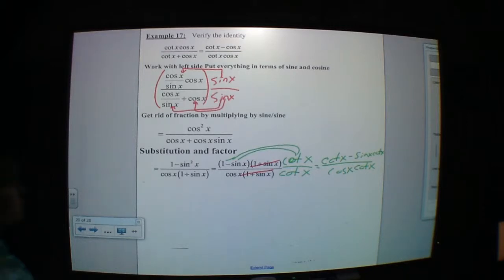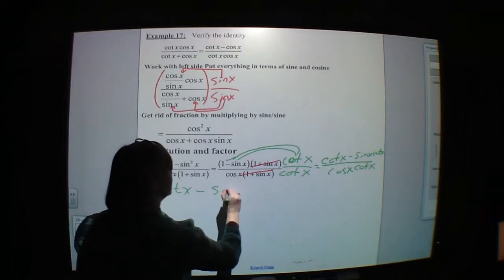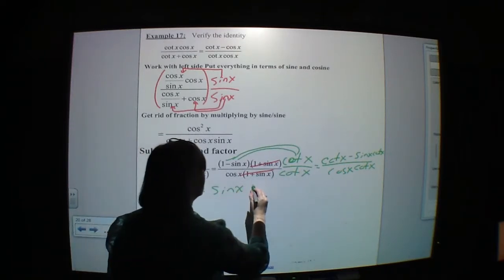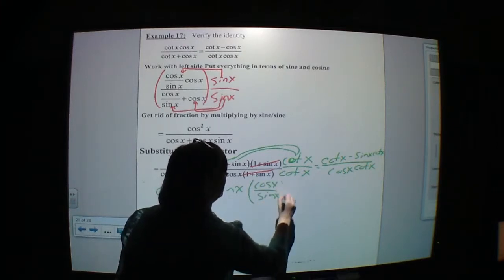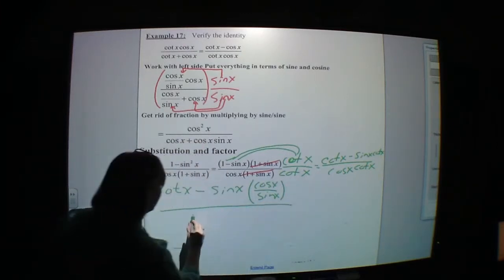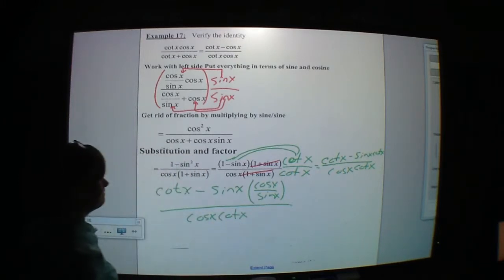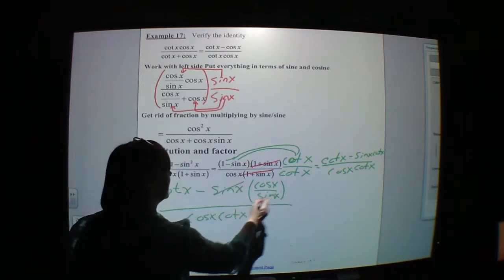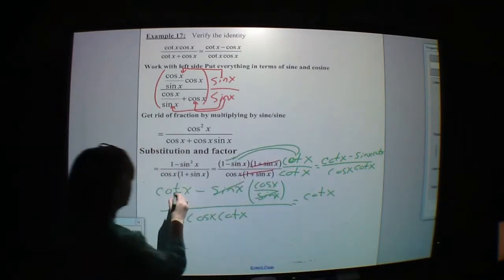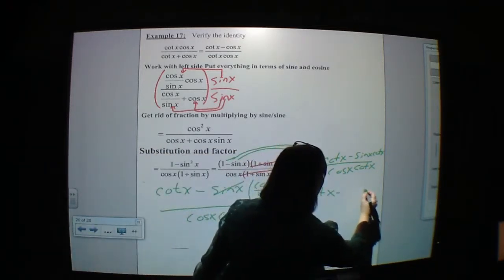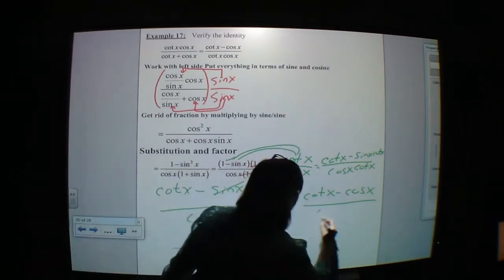I'm almost there. I have cotangent of x minus sine of x. Cotangent, remember, is cosine over sine over cosine of x, cotangent of x. Sines cancel out, and you end up with cotangent of x minus cosine of x over cosine cotangent.